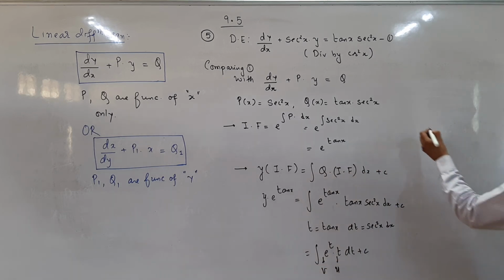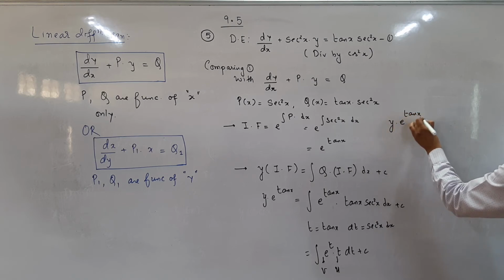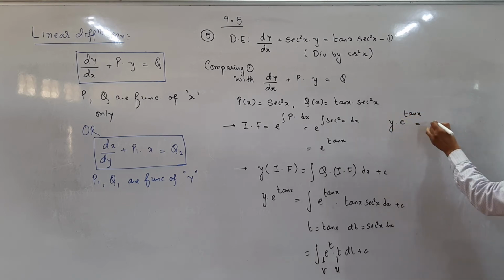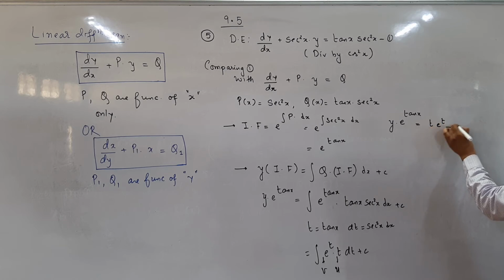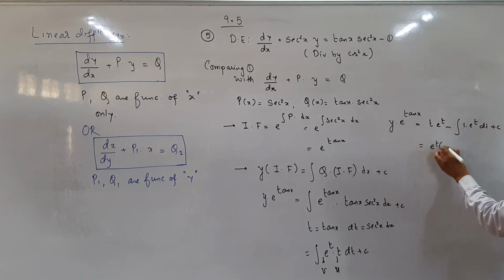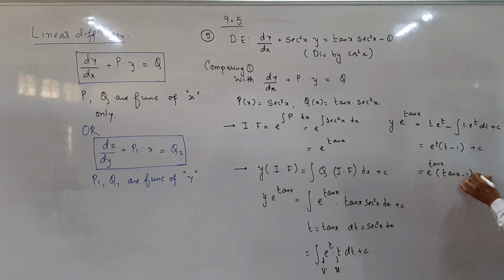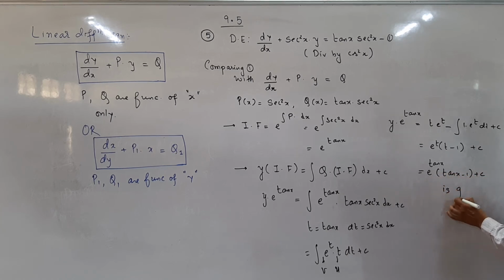So u as it is, integration of v is e raised to t, derivative of u is 1, integration is e raised to t. So finally e raised to t into t minus 1 plus c, so y into e raised to tan x is equal to e raised to tan x into tan x minus 1 plus c, which is the general solution.